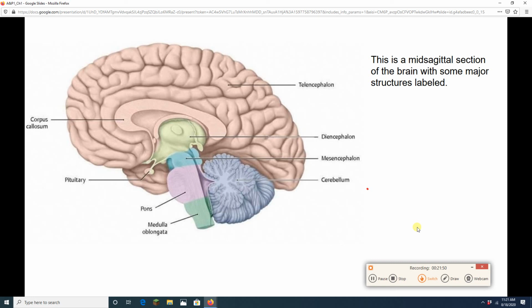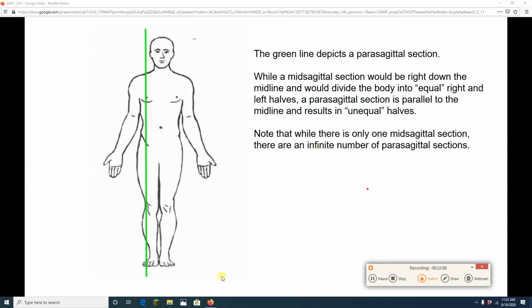All right, here is a mid-sagittal section of the brain. We're going to learn these brain parts later on in the semester. But I wanted to point out what a sliced open brain would look like. This, whoops, I went the wrong way there.